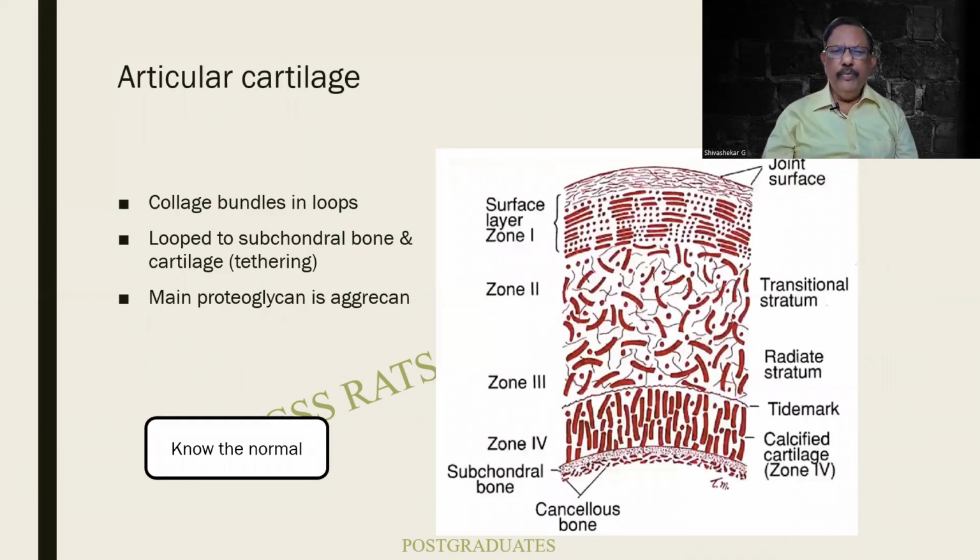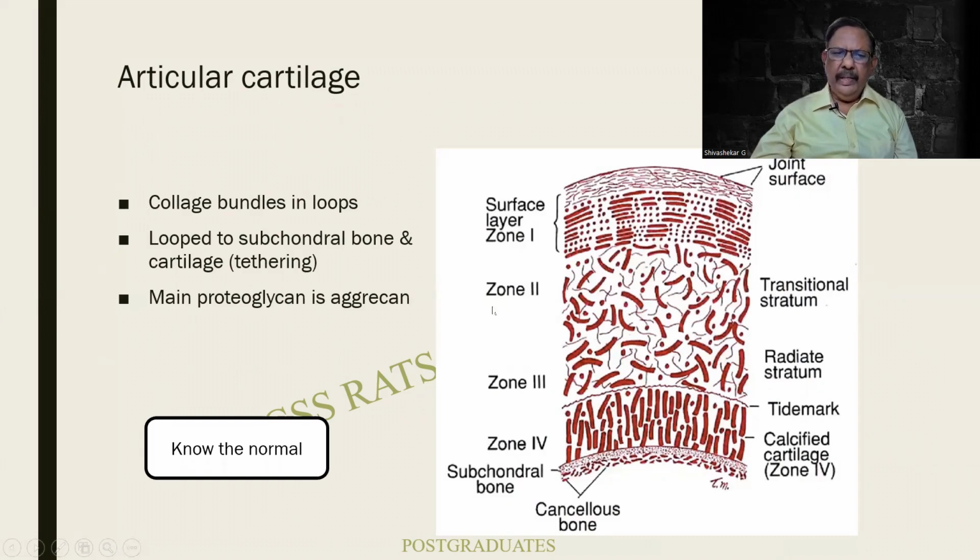Again, a very beautiful schematic picture of the same. What is the joint after all? I find that this is the joint surface or the articular surface. And there are different zones that have been mentioned. Almost 4 zones have been mentioned. And these are all made up of bundles of collagen.